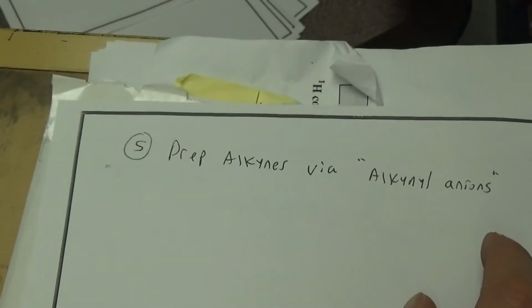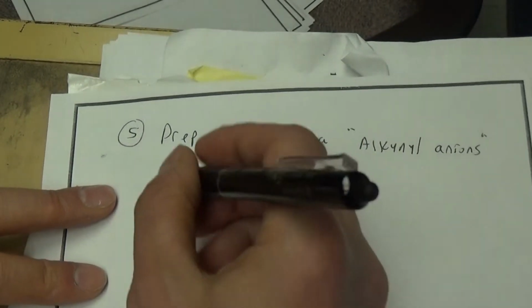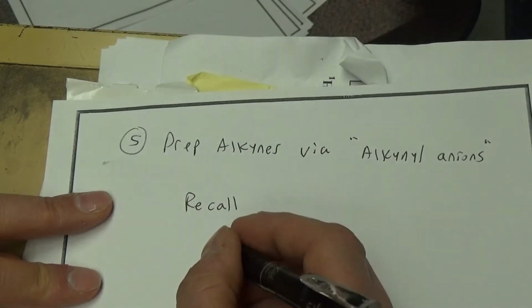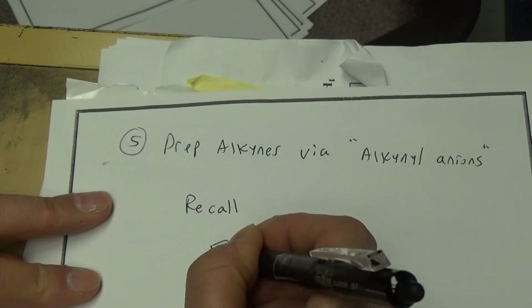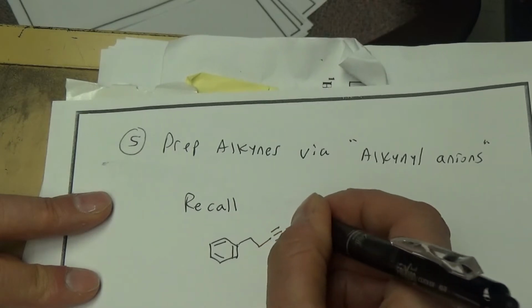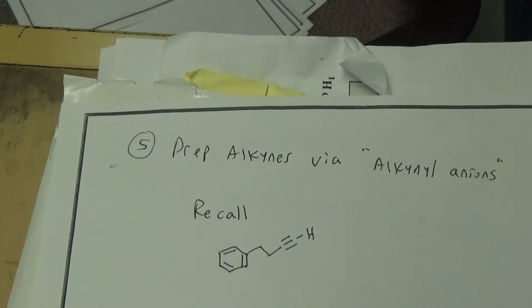What does that mean? Well, we learned about that in the PowerPoint presentation. Recall that alkynes, and terminal alkynes, so it's an alkyne at the end of a chain, have a kind of acidic proton, right?